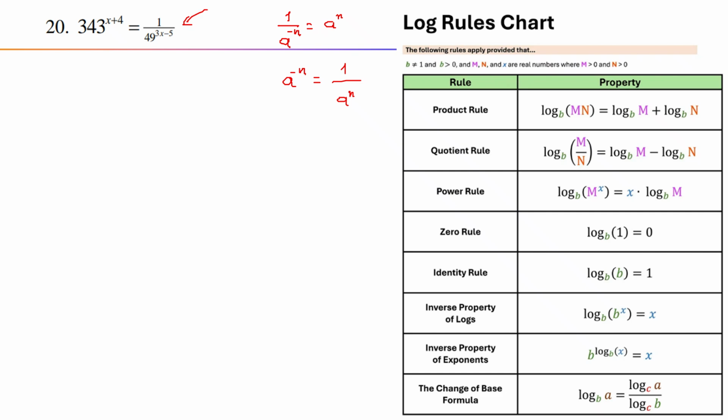And then when we're looking at the numbers, 343 is familiar to me because I know it's base 7, and this is 7 cubed. And then I look at 49, that is 7 squared.